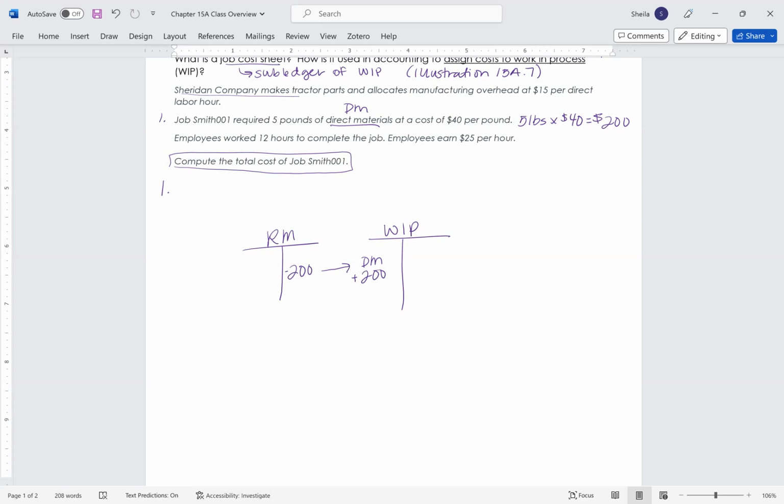Now remember, as we work through these T accounts or these visuals, all of our accounts are increased by things on the left and decreased by things on the right. And remember, work in process is really our job cost sheet. As we think about how we recognize that this is happening, businesses use what's called a materials requisition.